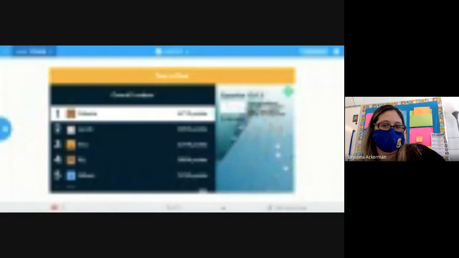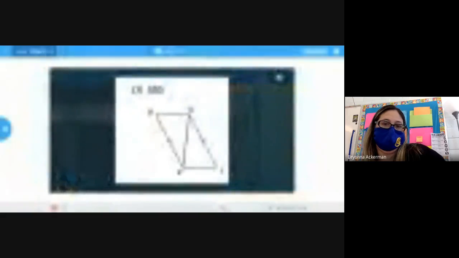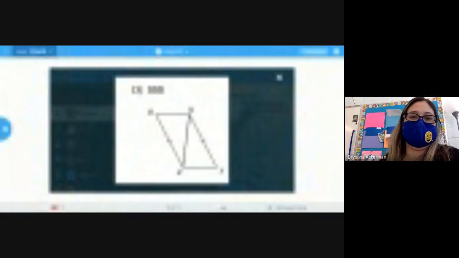All right, last question. I want SSS. They have a tally mark on XY and CD. They share ZX, so those are the same. So you need to have one more side congruent to each other.